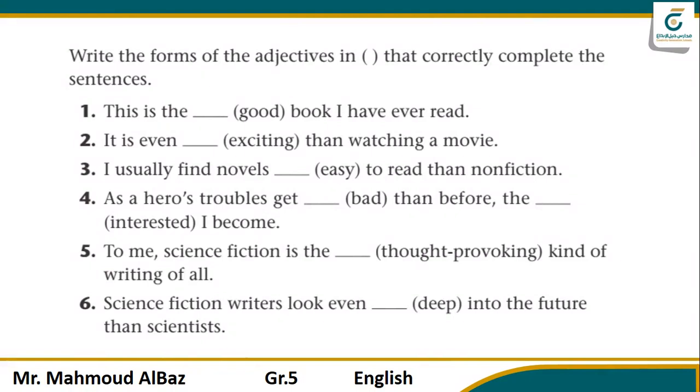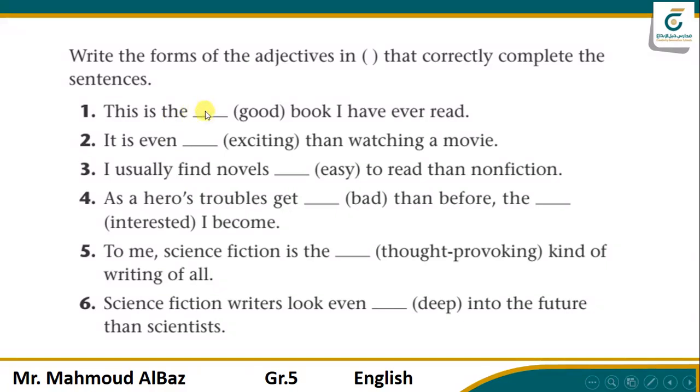Here, write the form of adjectives and practice. Correctly complete the sentences. This is the blank good book I have ever read. Here I write better or best. If you have the word the, so it's superlative.